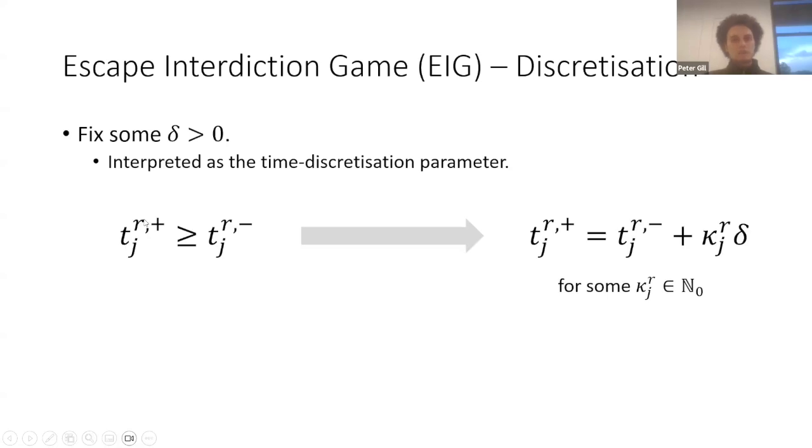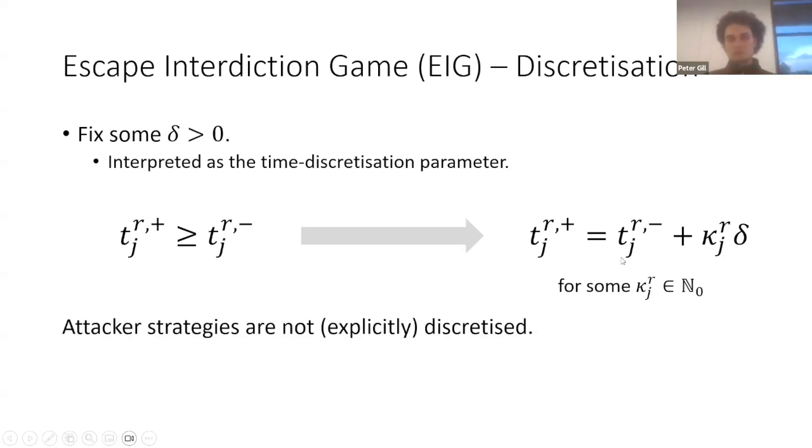For the defender strategies, remember in the original definition we allowed any interval length wait time, but now we're only allowing the police to wait for an integer amount of that delta parameter. And the attacker strategies are not explicitly discretized in this. I'm only formally changing what defender strategy space is allowed here.